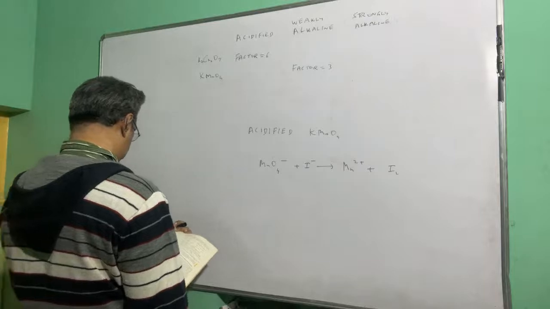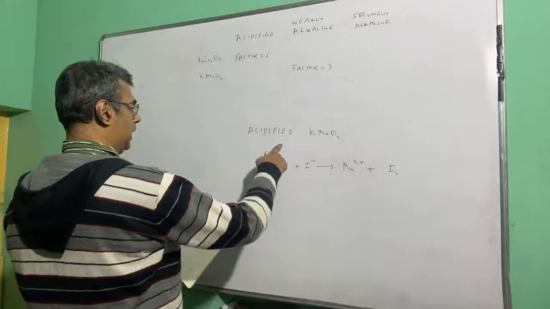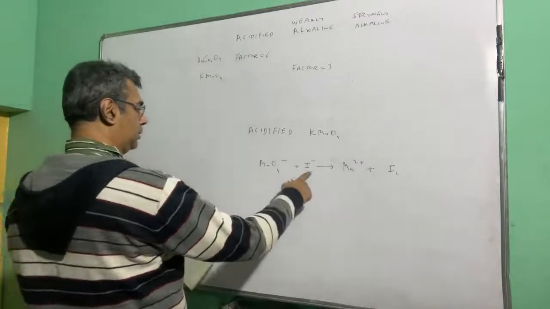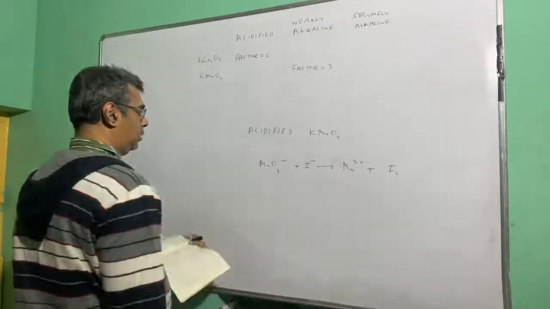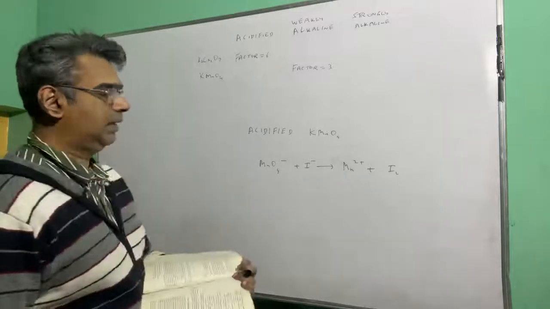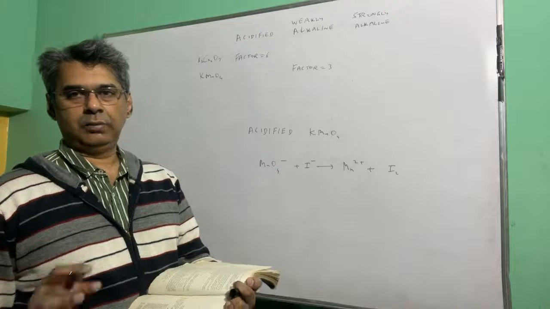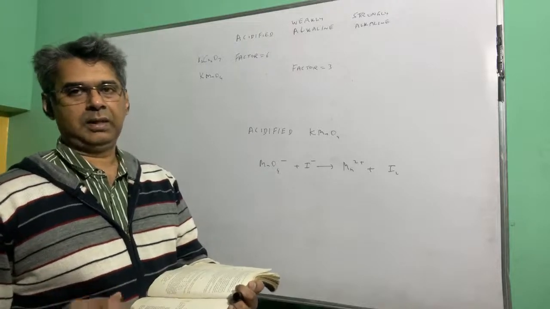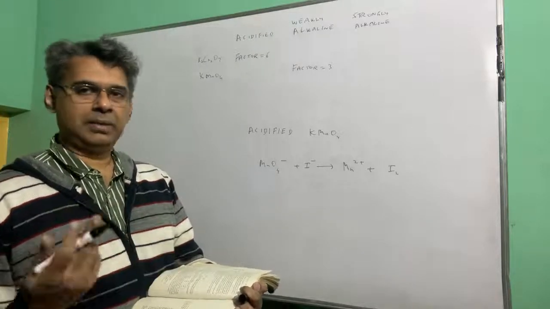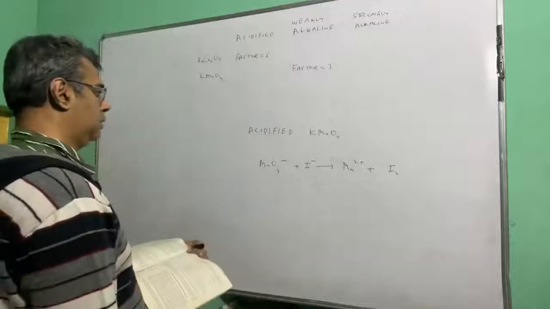This is the reaction. Okay, this is acidic medium. I think we have got a fair idea about both the methods, oxidation number and ion electron. So let us do this sum by any one method.